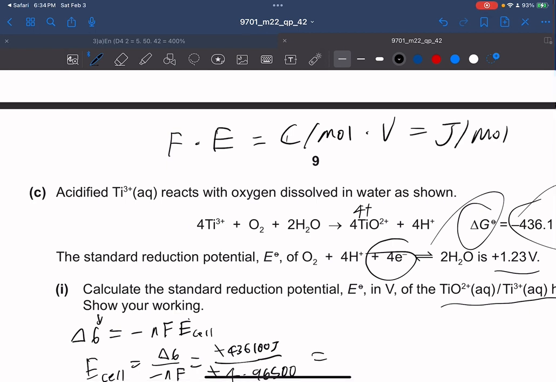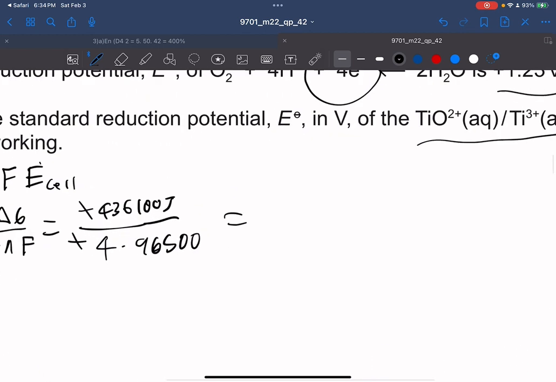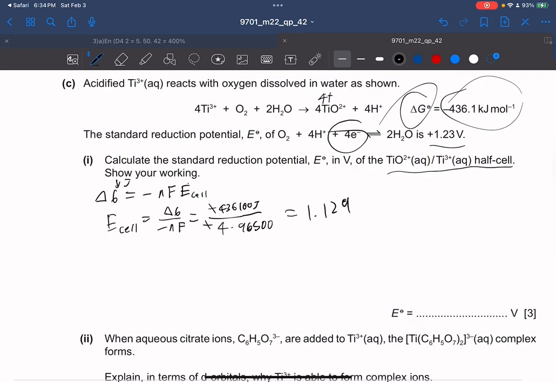So it means our delta G is actually in terms of joule, not kilojoule. So again, be careful with that. If you write it wrong, you're gonna get a really weird answer. So I'm gonna plug this value into my calculator, and we're gonna get a cell potential of this much.